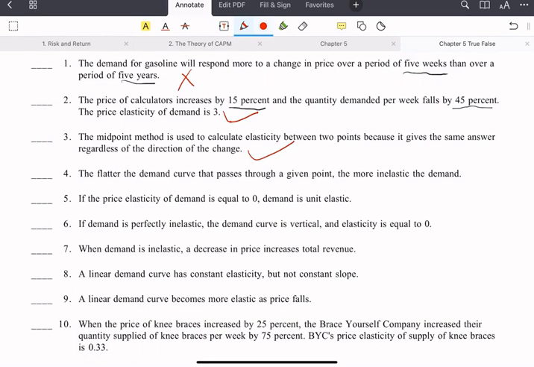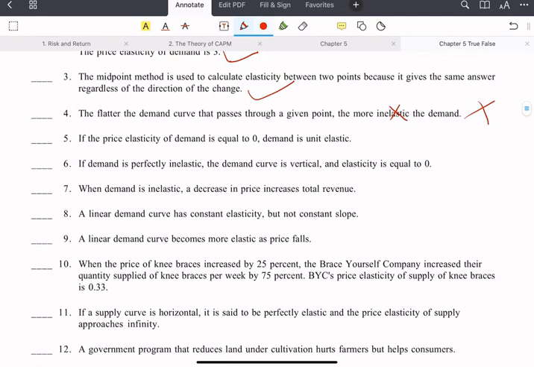If you don't have the midpoint method, your answer will be different depending on what your starting point is. The flatter the demand curve, the more inelastic. It's not, right? The correct answer is the flatter the demand curve, the more elastic the demand. So this one is incorrect.